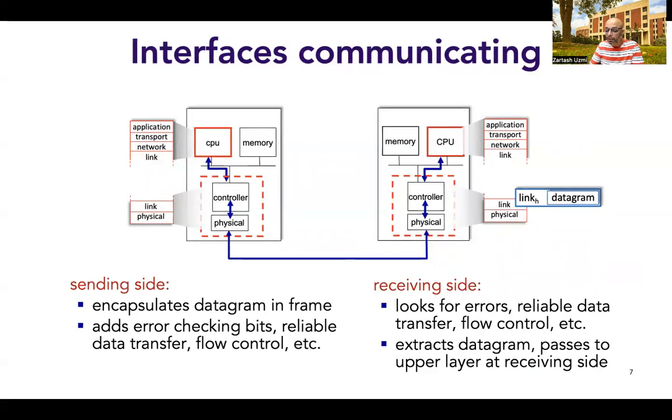There, the datagram will be extracted by removing the link layer header, and handed over to the network layer. And this is the job of the link layer, to service the network layer. So the network layer will be getting the services from the link layer, which is underneath.